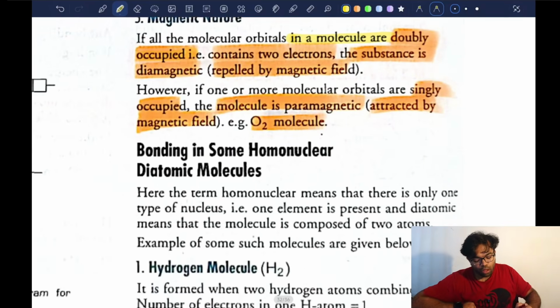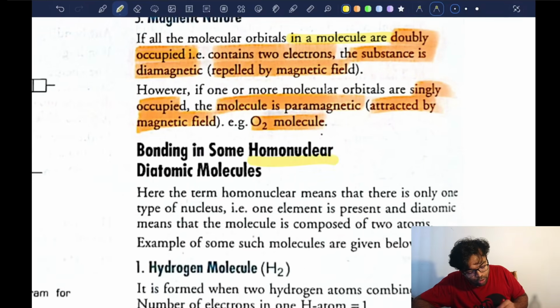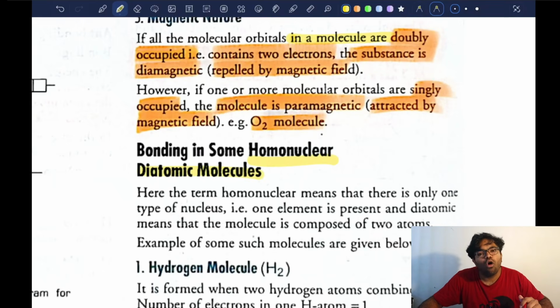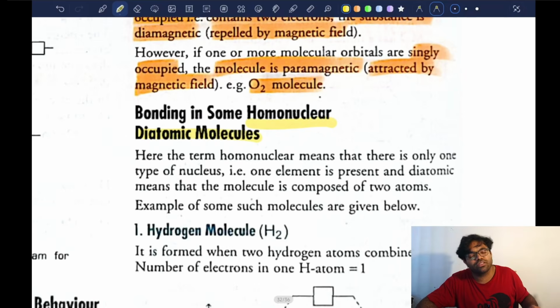Okay, now bonding in homonuclear diatomic molecules. Homonuclear means what? Homo means similar. If you have two same atoms coming together to form a diatomic molecule, for example Li2, Br2, N2, O2, these molecules are called diatomic homonuclear molecules.